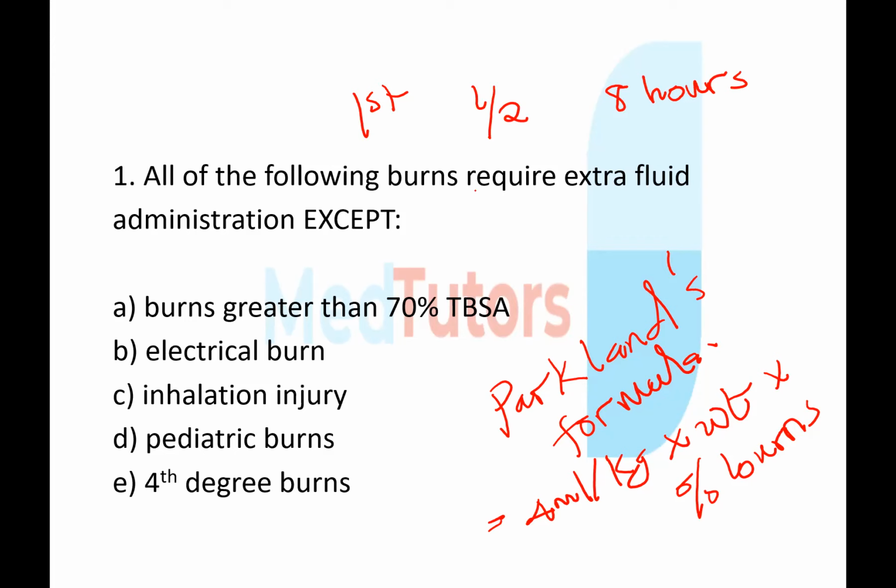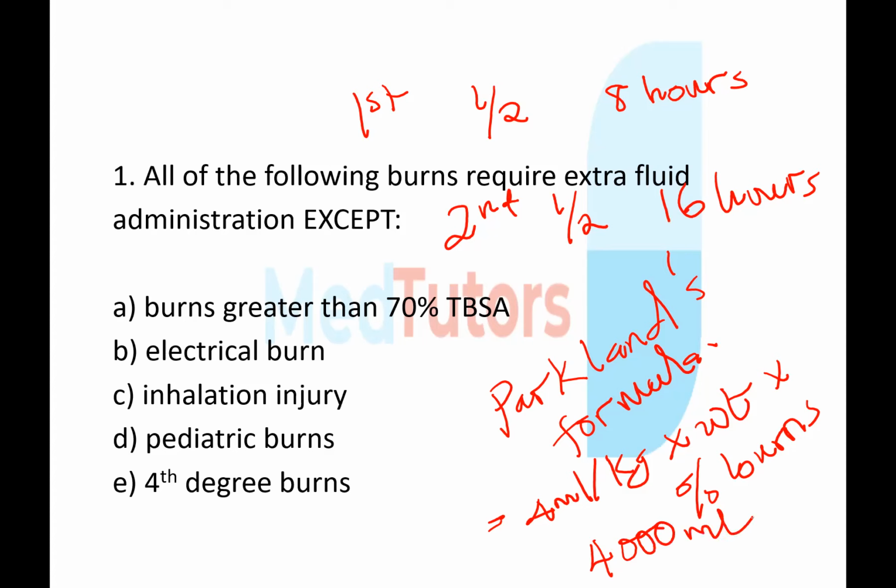And the second half is given over the next 16 hours. For example, if you estimate that the total fluid requirement of this patient is, let's say, 4,000 mils, then 2,000 mils will be given in 8 hours from the time of burns, and the other 2,000 mils will be given in the next 16 hours.